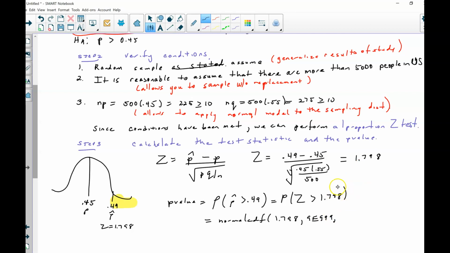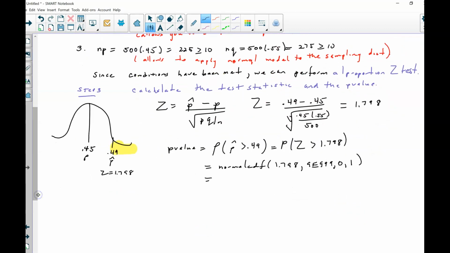And again, since it's a z statistic, a z-score, our mean is 0 and our standard deviation is 1. And we're going to enter that into our calculator. And I got a value of 0.036. Your value may be slightly different depending how you rounded, but I would always recommend having your z-score at least 3 to 4 places to get a better value or more commonly used value.